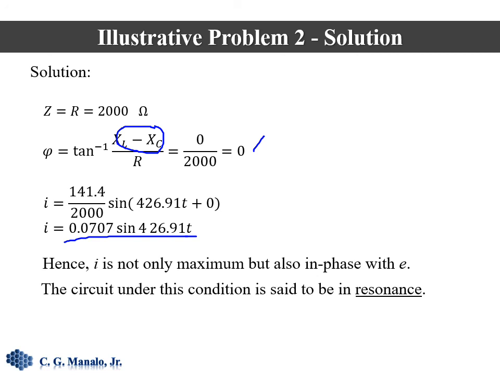And we also notice that the circuit is resistive in nature because the effects of X sub L and X sub C cancel each other. This circuit condition is what we call a resonance condition. We will have more of resonance when we go to frequency response in the next few weeks.